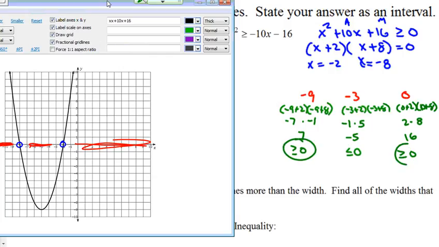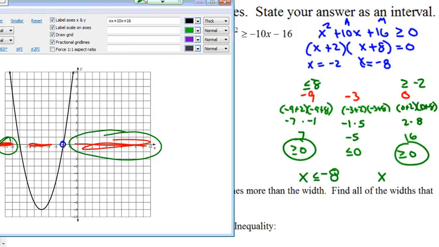So it's these two regions that work out the best. This was less than or equal to negative 8. This was greater than or equal to negative 2. So since it's the outside regions here, we're going to write this a little bit different than the previous problem. We have one of them that's less than or equal to negative 8, and we have one of them that's greater than or equal to negative 2.